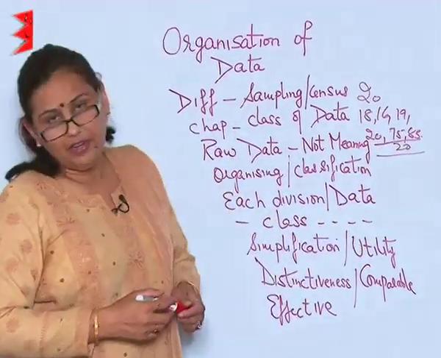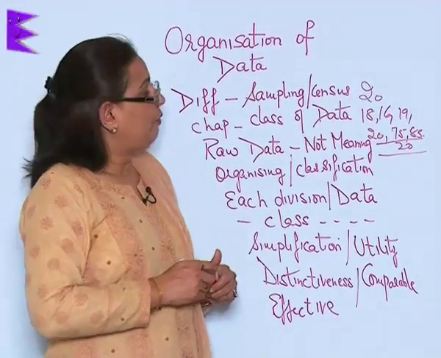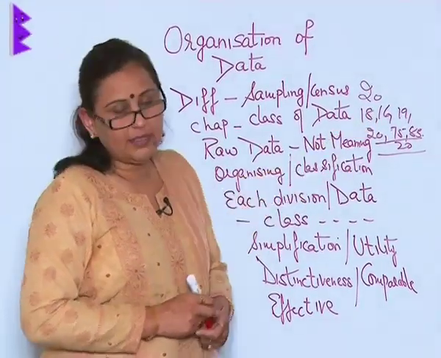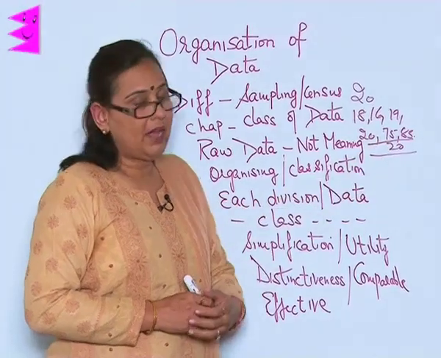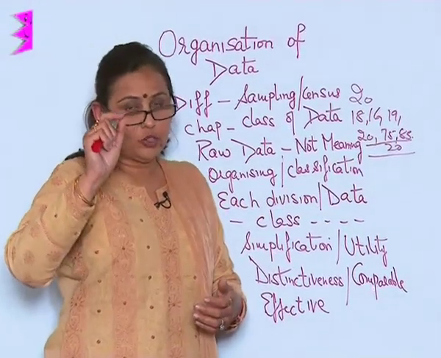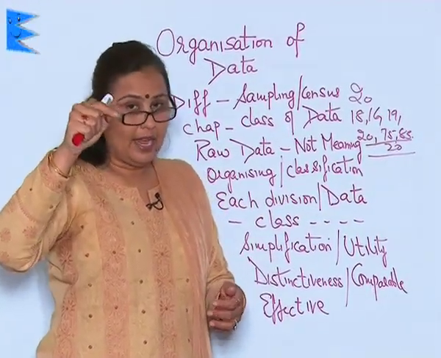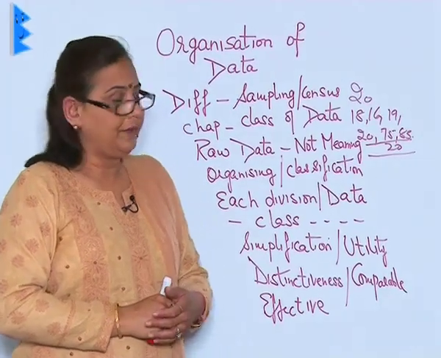It is very difficult for me to find out which student has got the least marks, who's got the highest marks, which is the student who has got the marks at the midpoint and so on.